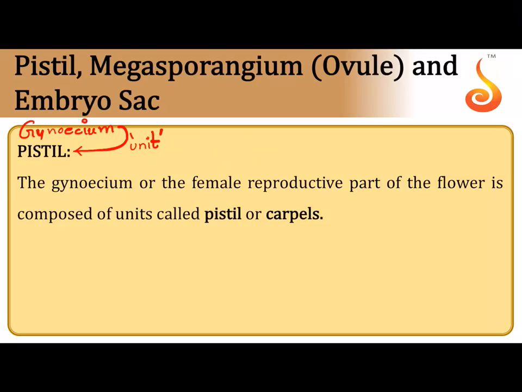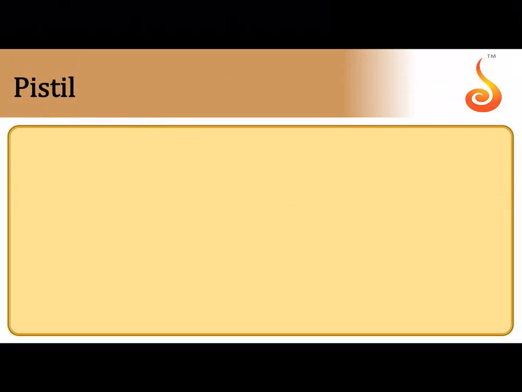So remember, the gynoecium is the female reproductive part of the flower, and the units of the gynoecium are the pistil or the carpel.